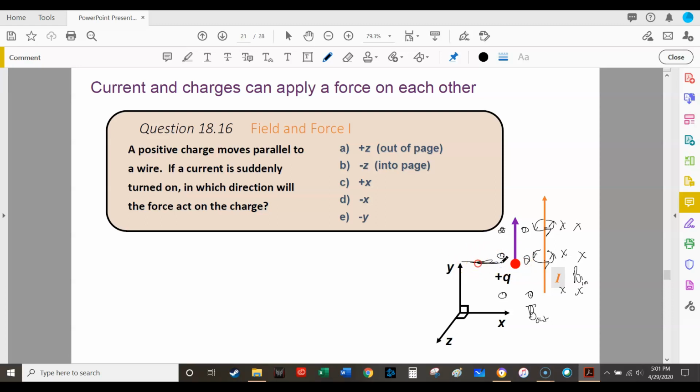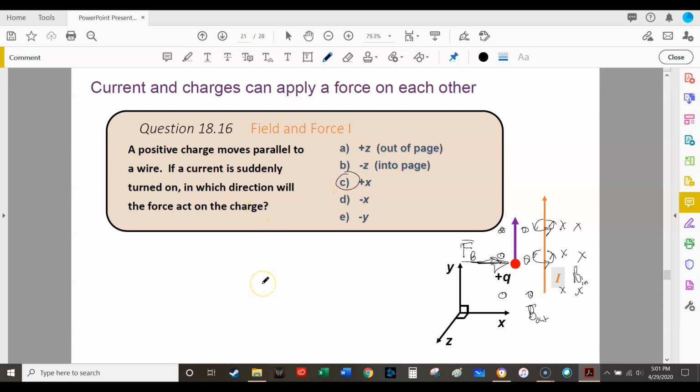So a magnetic force is going to be created to the right-hand side of the screen in the positive X direction. Okay?